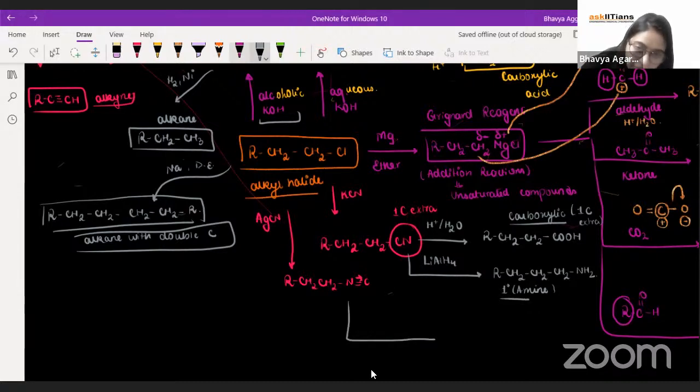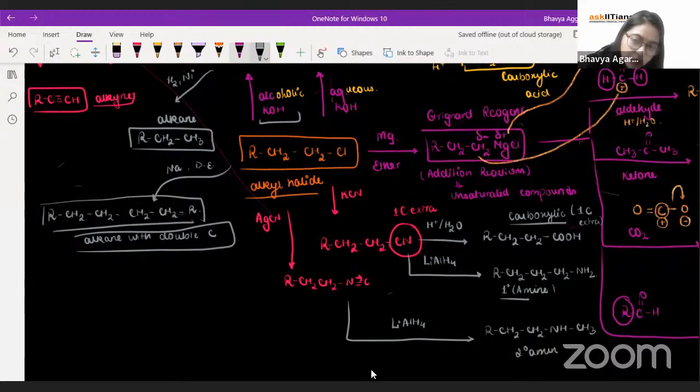But if I treat the NC part with LiAlH4, then I'll be getting a secondary amine. This secondary amine is like with 1 carbon extra, or with an N-methyl group. But if I treat this part with acidic hydrolysis, then I'll have the same number of carbons as were present in my reagent.